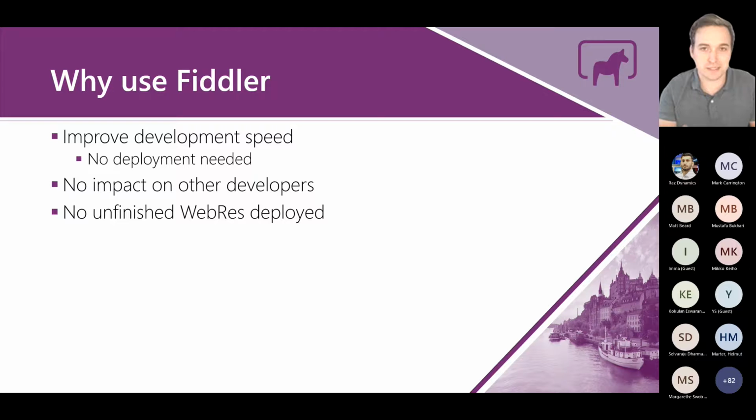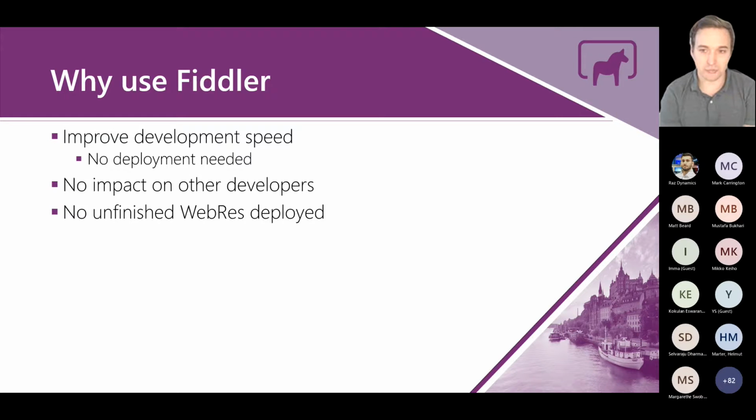You don't have to invest the time of deploying everything whenever you have made some changes. I usually use Sparkle to deploy my stuff, a tool from Scott Durow. I just run a file and it deploys everything for me, which makes it already faster. But using Fiddler is like adding a bit more productivity to it, I would say.